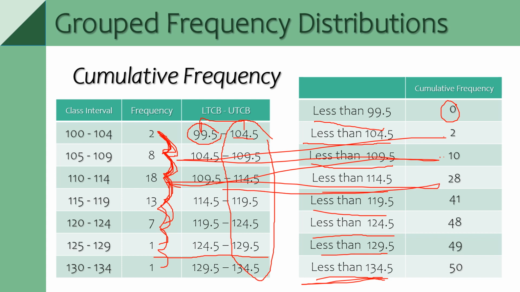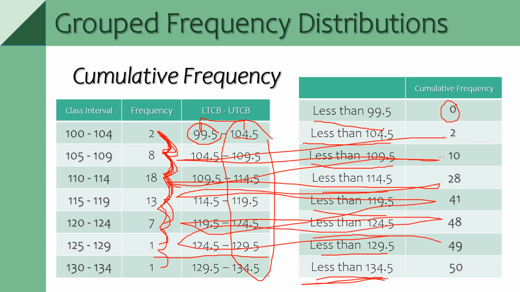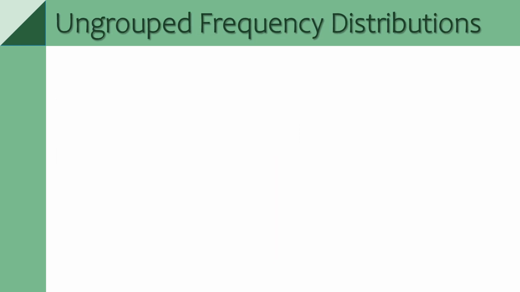So, 28 plus 13, we have 41. 41 plus 7, we have 48. 48 plus 1, we have 49. Then 49 plus 1 is equals to 50. So, that is how we get the cumulative frequency. Okay, so yung mga frequency na yan, magagamit natin yan in constructing the graphs.